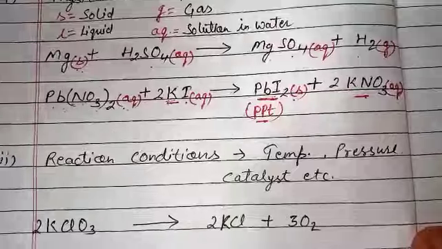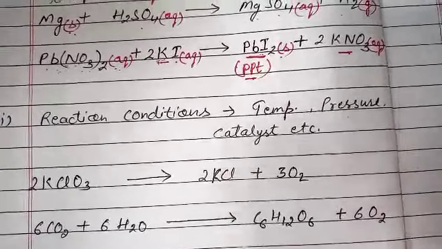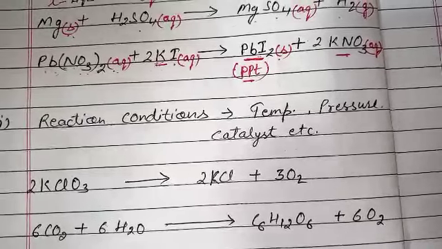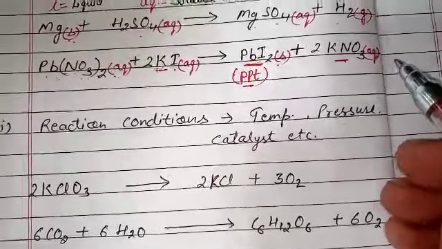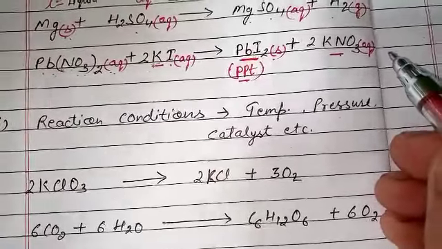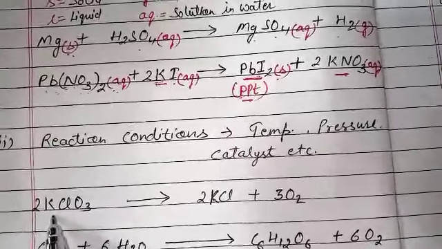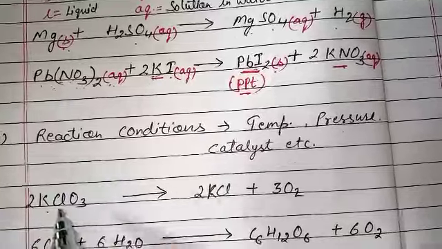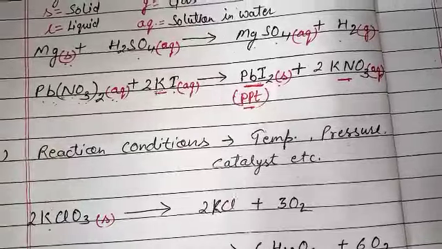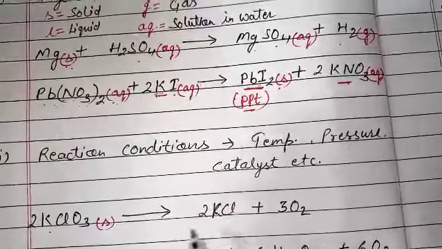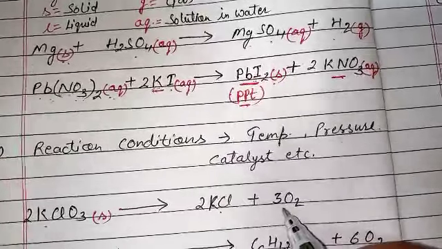Sometimes there are many reaction conditions that take place during a chemical reaction. The reaction conditions such as temperature, pressure, catalyst, etc. are also shown above or below the arrow of the equation. For example, in this reaction KClO3 is in the form of a solid, so we will write s here. On heating, it will decompose into potassium chloride, KCl, and oxygen gas.